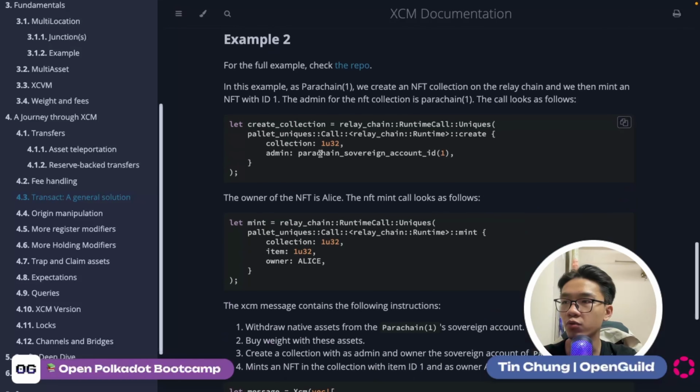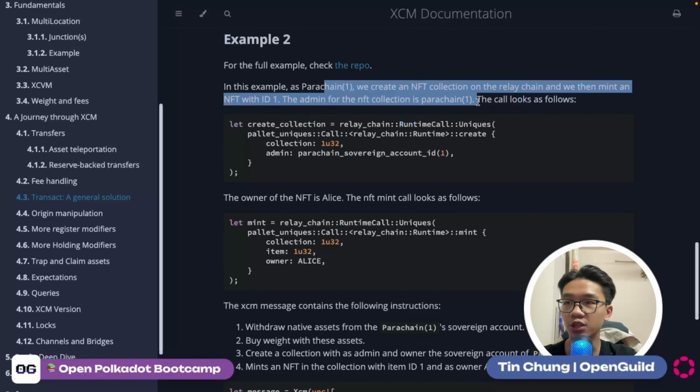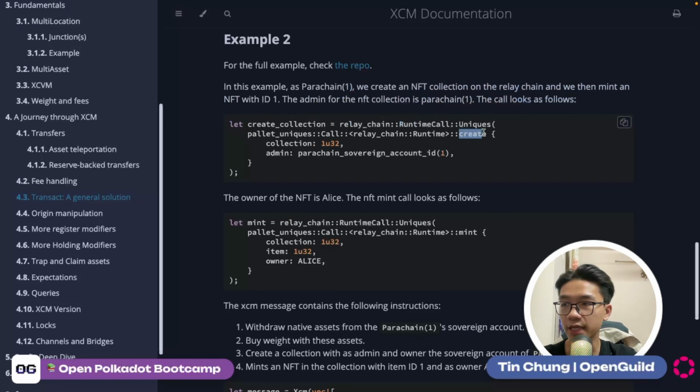The second example would be NFT. In this example, as Parachain 1, we create an NFT collection on the relay chain and then we mint an NFT with ID 1. The admin of the NFT collection is Parachain 1. Then you have the method to create a collection with ID 1. The admin is the parachain sovereign account of Parachain 1.